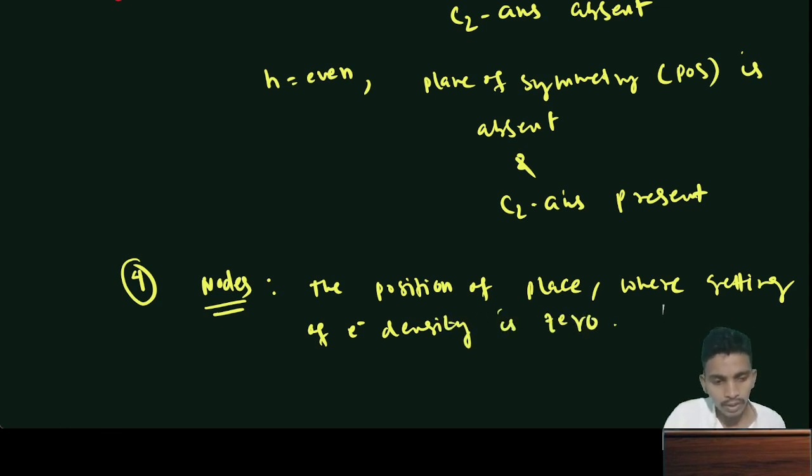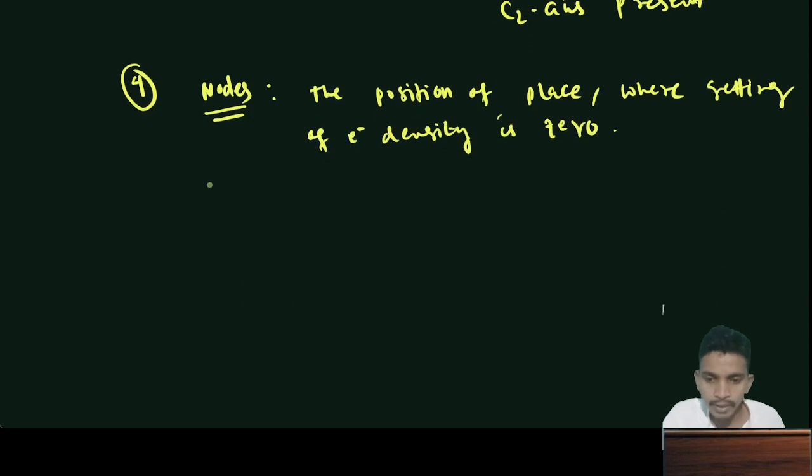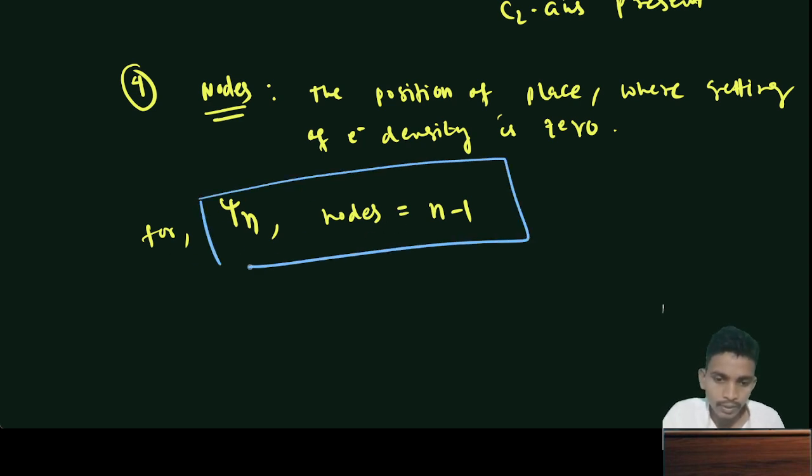That is called the nodes. And here it is very important that for psi n, the number of nodes is equal to n minus 1. So this is a very important point: for psi n, nodes is n minus 1.